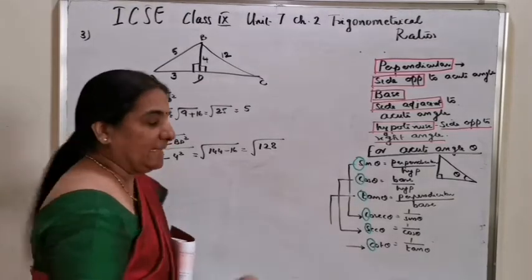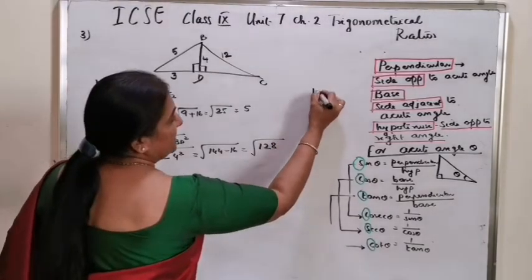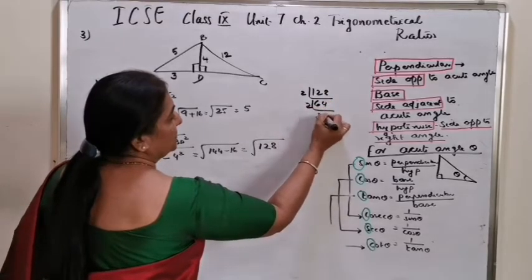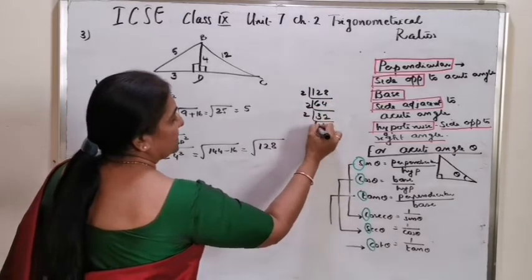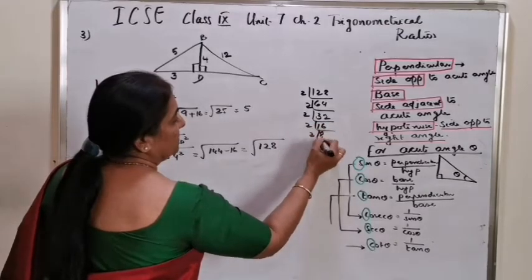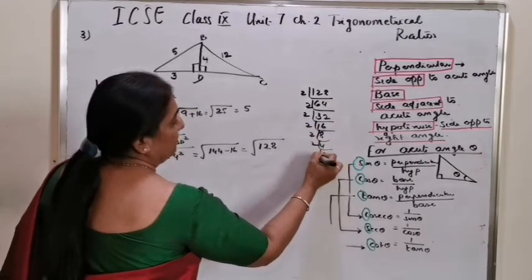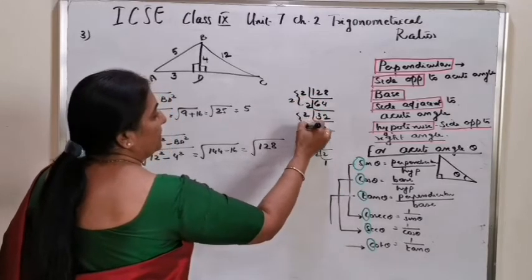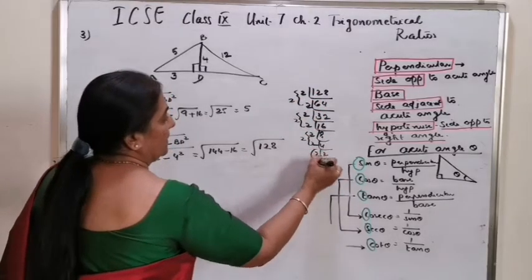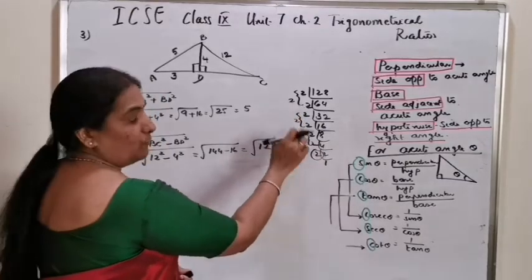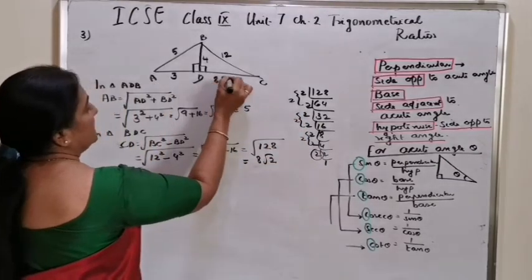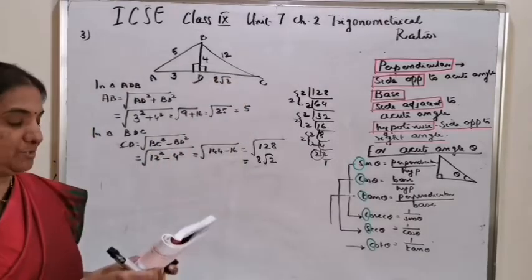Root 128 can be expressed by dividing by 2: 64, 32, 16, 8, 4, 2. So it is 8 root 2.